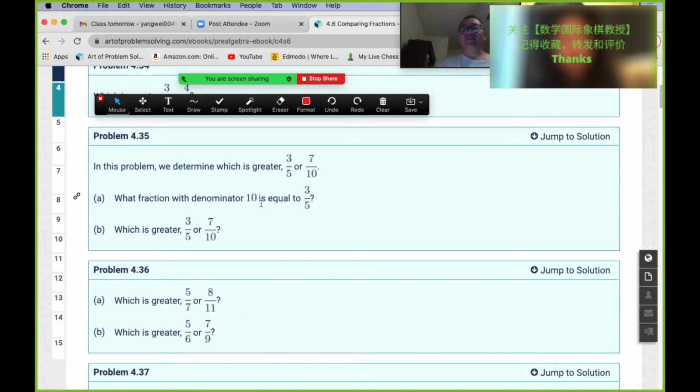Now, let's see. Can you read problem 4.35? In this problem, we can determine which is greater. 3 times 10 equals 30.